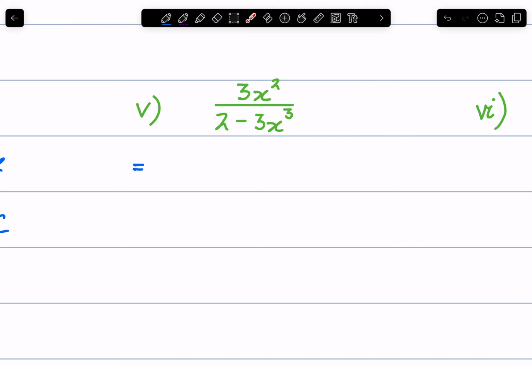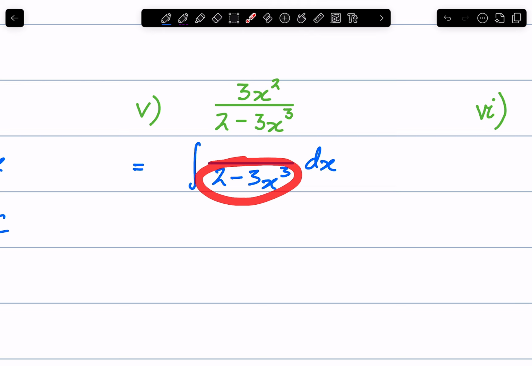Again with this one, just take a close look. This is x squared. This is x cubed. So for this, I'm going to rewrite this. It's going to become 2 minus 3x cubed, and I'm going to take the derivative of the entire denominator.